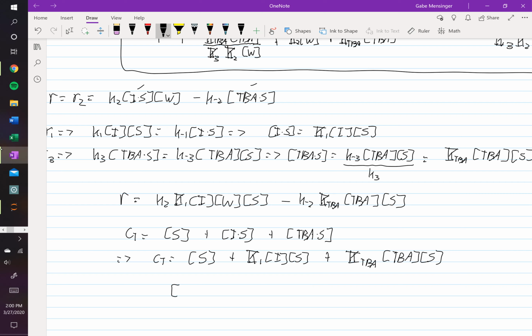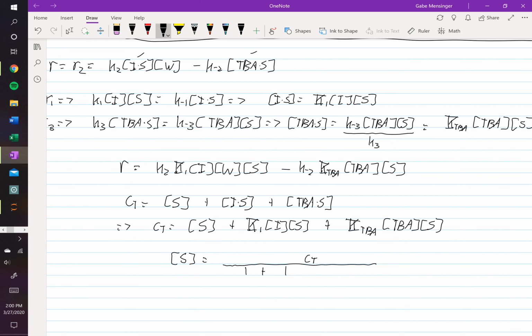And solving for S, if I can write it properly, sorry about my hand, capital K1 times I plus capital K TBA times TBA.